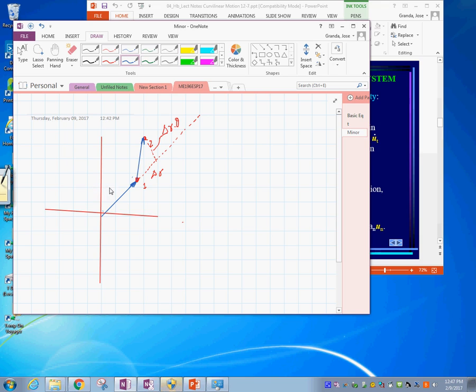And if we do the final vector, we can draw it from the origin over here to here. So this, you could say, is equal to the change in magnitude.